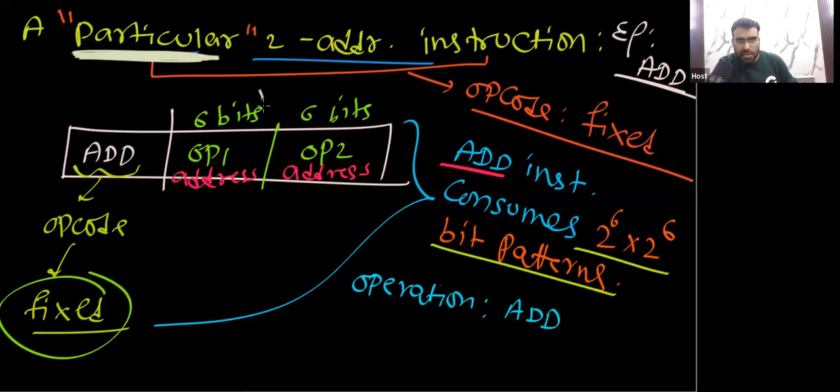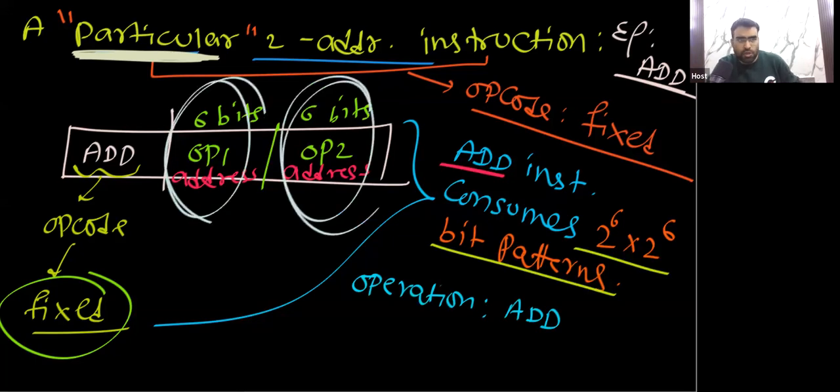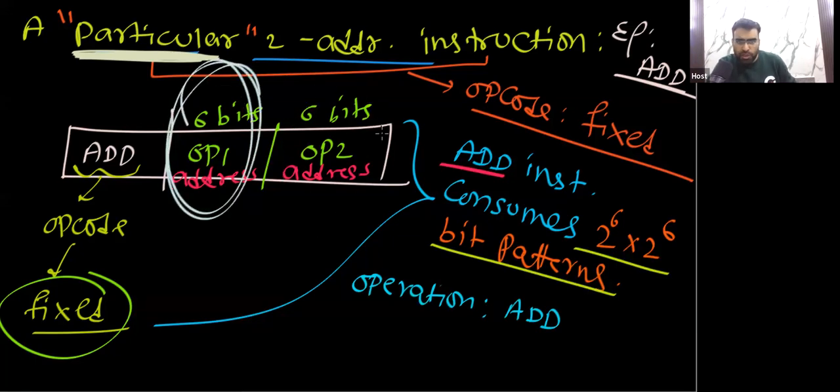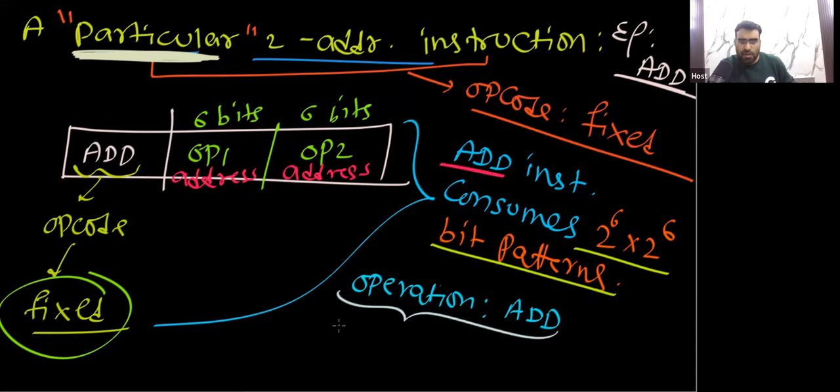But you can notice here you can put any 6-bit address, and here you can put any 6-bit address. Whatever address you want, you can put. So finally, I can say this operation will use 2 power 6 into 2 power 6 bit patterns.